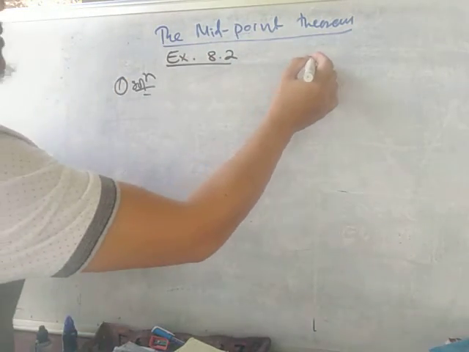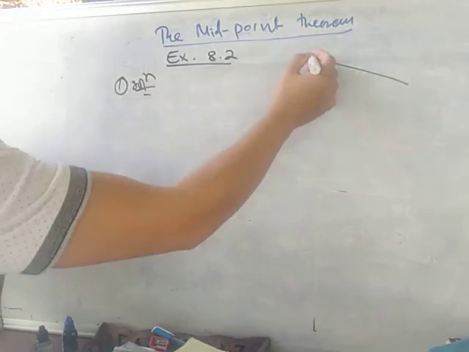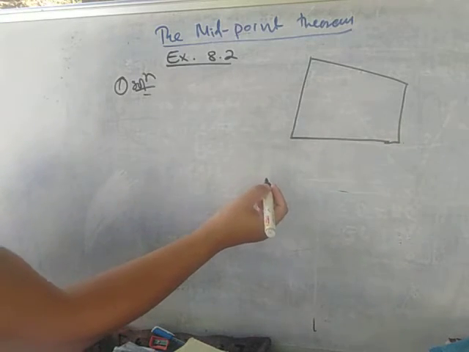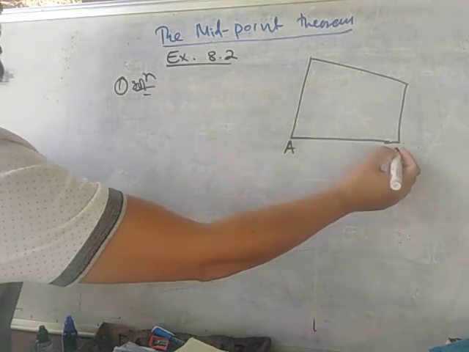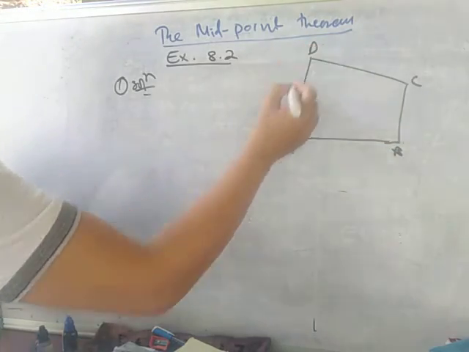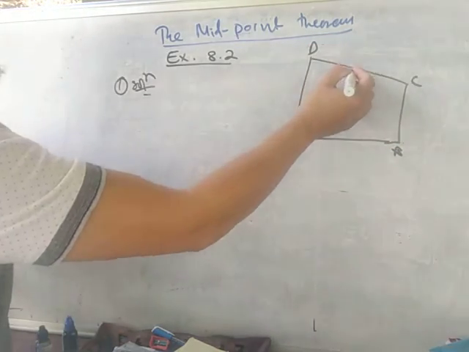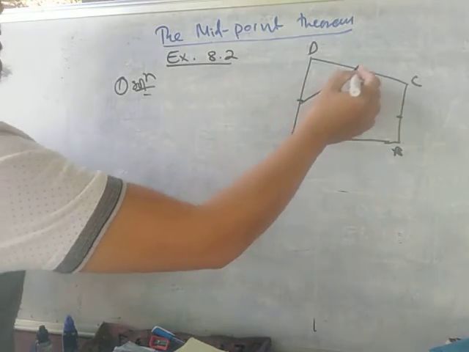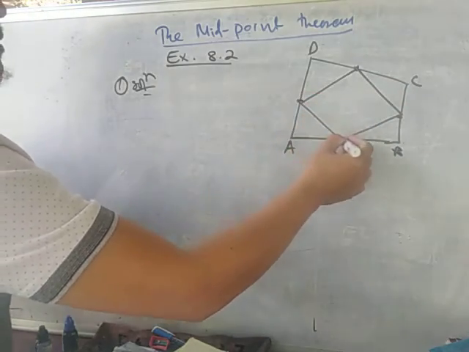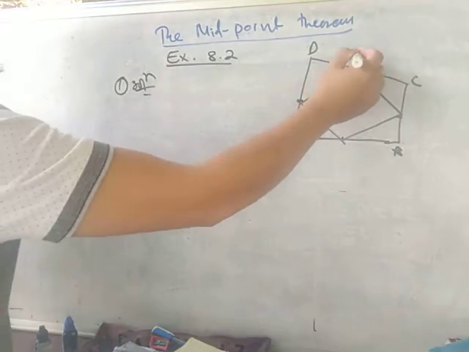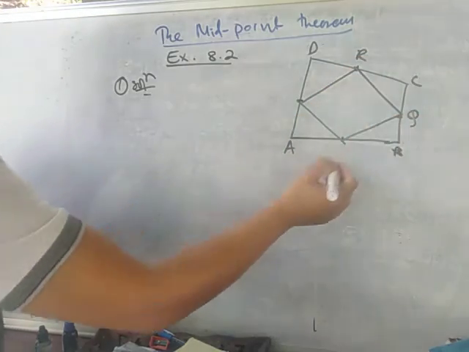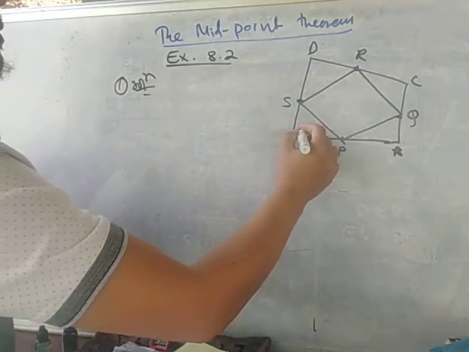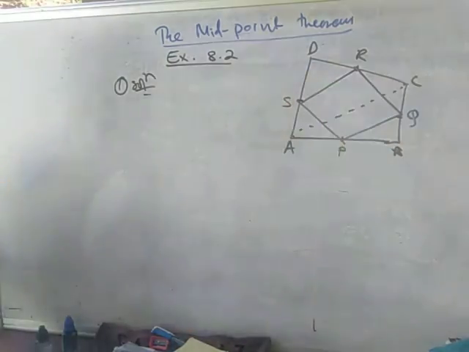So this is our figure, and A, B, C, D. Next, these are midpoints. The midpoints are R, Q, P, S, and this is your diagonal. AC is a diagonal, isn't it?